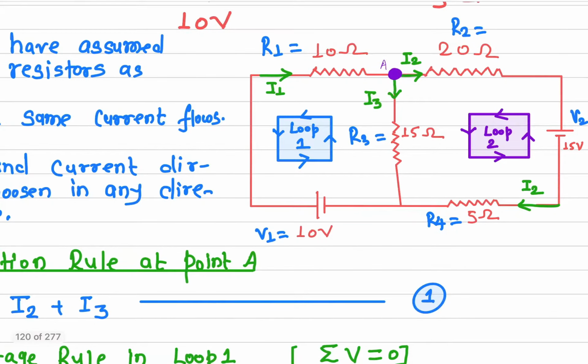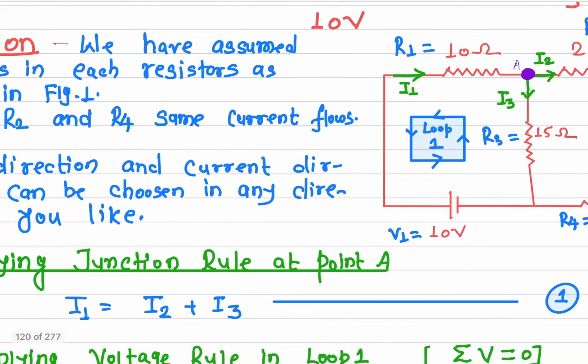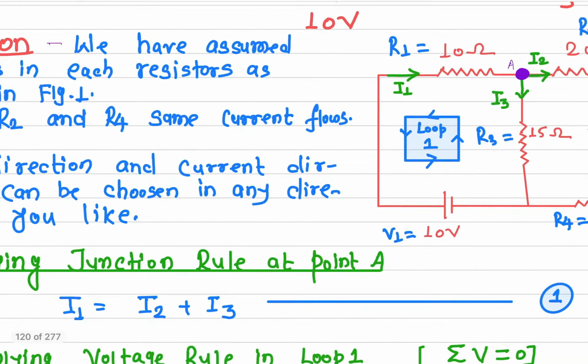So let's apply the junction rule now, at this point A. The junction rule says the incoming current is equal to the outgoing current. At this junction, the incoming current is I1, and the outgoing currents are I2 and I3.